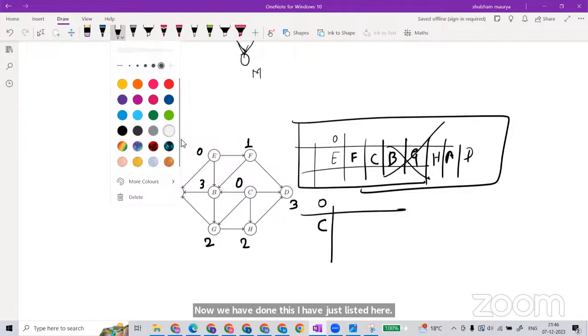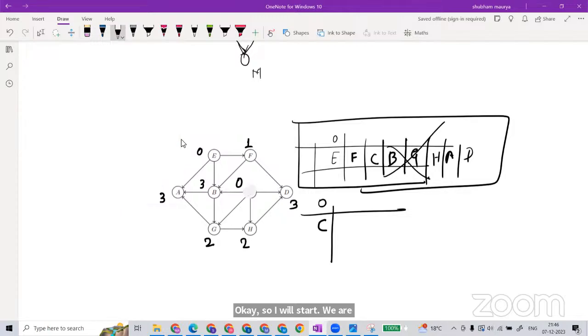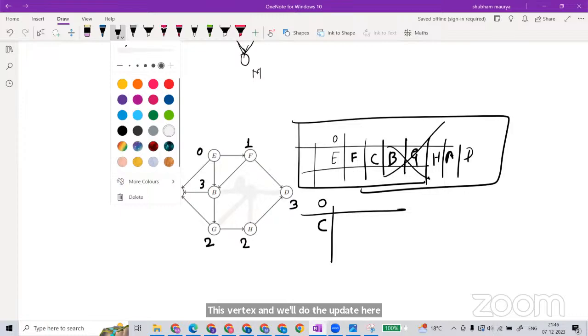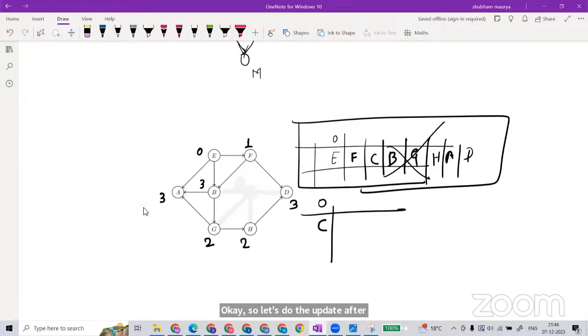Okay, now I will remove this vertex. Once I remove this vertex, I have to remove the outgoing edges related to this vertex, and we'll do the update here. After removing these edges, from 2 it will become 1.